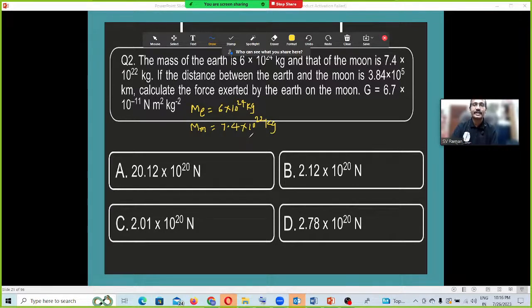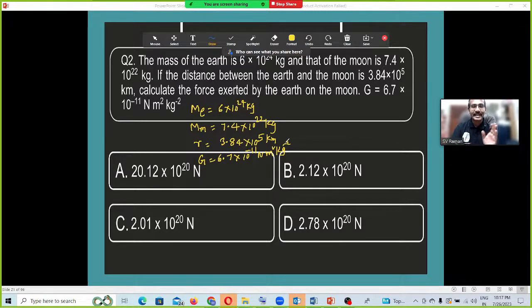Next, what they given? The distance between the earth and the moon, which means the r value. How much they given? 3.84 into 10 power 5 kilometers. And G is equal to 6.7 into 10 to the power of minus 11 Newton meter square per kg square. So this is the given data.